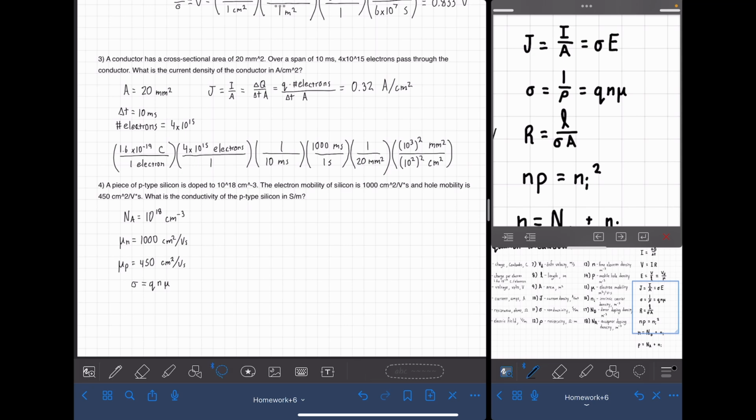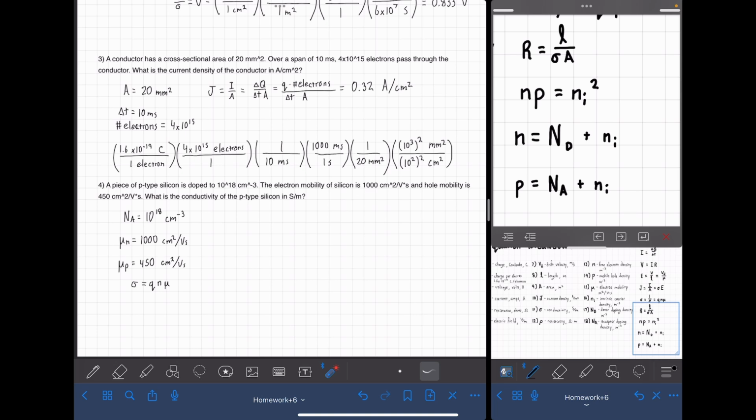This is our electron density right here, but as we can see, this is p-type doped. So there are going to be many more holes than there are electrons, because from this equation here, n p equals n i squared, we can solve for p real quick. That'll be our 10 to the 18 plus our intrinsic, which is so insignificant we just round down.